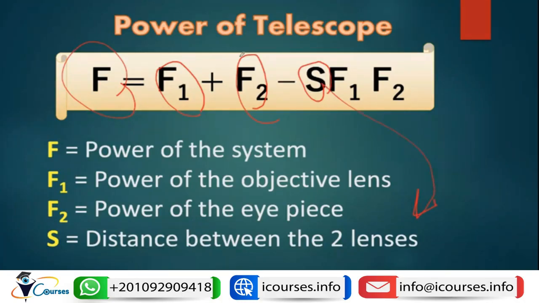Again, the power will be the power of the first lens plus the power of the second lens, minus the multiplication of the distance between the two lenses and the powers of the first and second lenses. So I hope that this is clear.